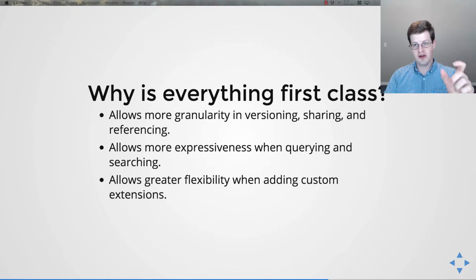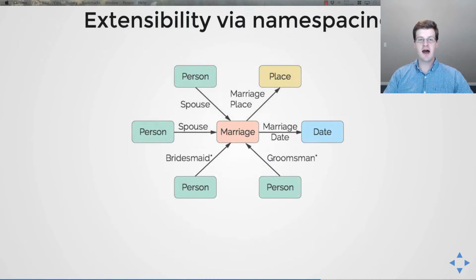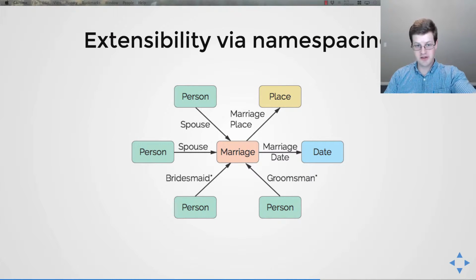You know, sharing. I can share itty bitty bits of the model. I can break it up. I can snip it into many pieces. And referencing. Because each node and edge has a unique identifier, I can reference that date completely unambiguously, and I do not have to reference that date in relation to the marriage.